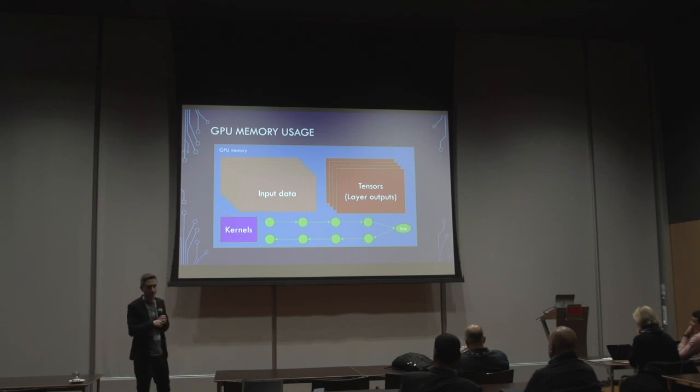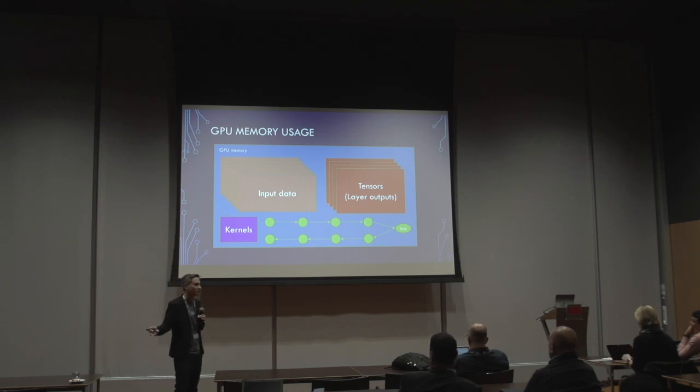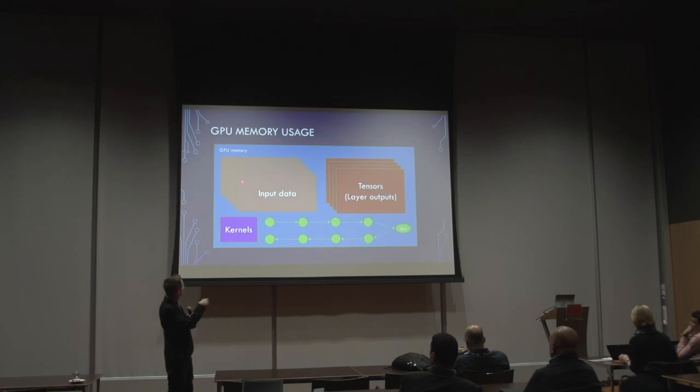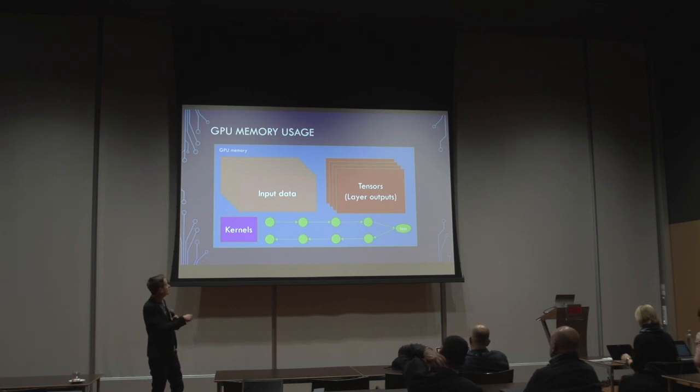We've got our input data, obviously. This is if we're talking about images, to give that as an example. This is your image set that you're working on in a particular operation. Maybe you've got batches of them, but still there's a certain amount of GPU memory you're using for that.